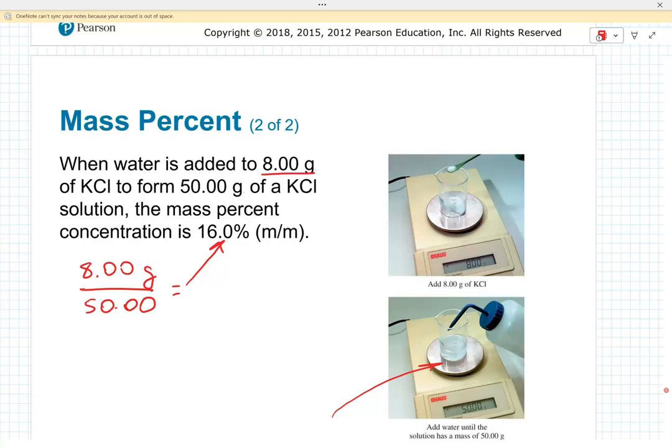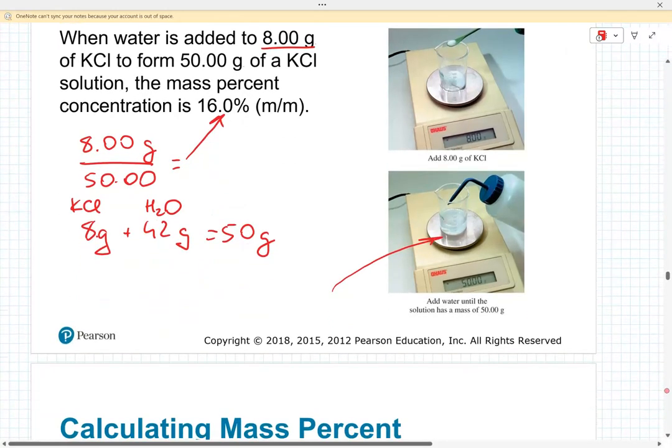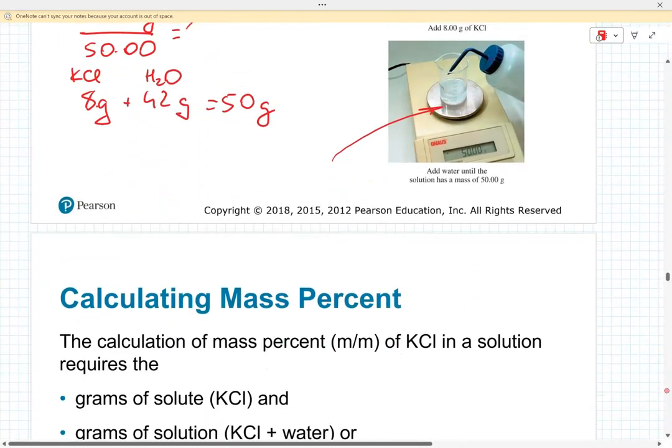It's not a tricky question. Yeah, you can take 8 grams, add 42 grams, and get 50 grams. Okay? Sounds intuitive, doesn't it? It is absolutely correct. Don't worry, I'm setting up the trap for you. Okay?